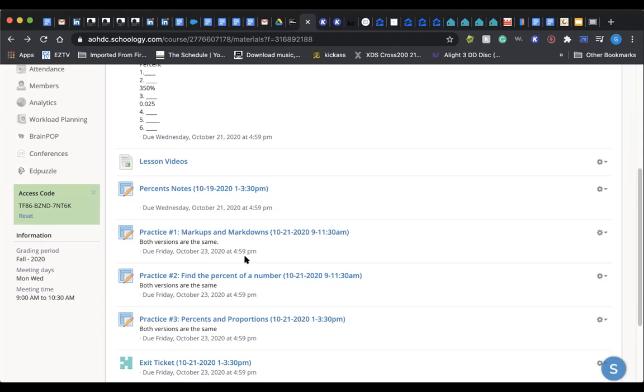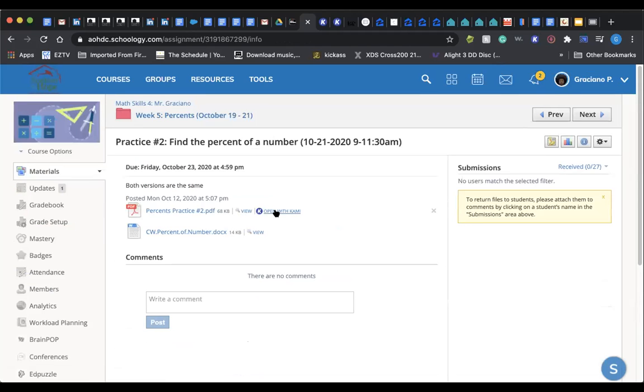Sometimes they give you a word problem, for example on number 18 on the practice two. I was just looking at practice two now.